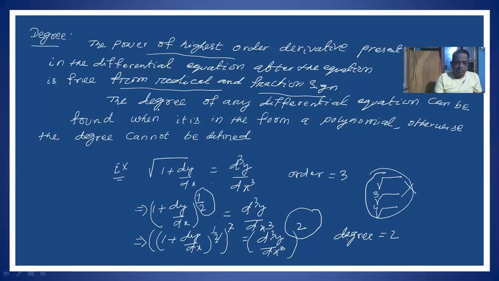Next, another point. The degree of a differential equation can be found only when it is in the form of a polynomial, otherwise the degree cannot be defined. How can we explain this line? Let us discuss polynomial expressions. Suppose the equation is dy by dx equal to tan of (x plus y).